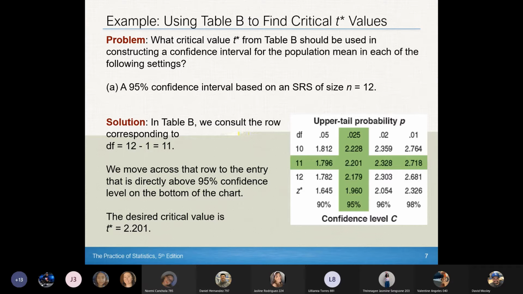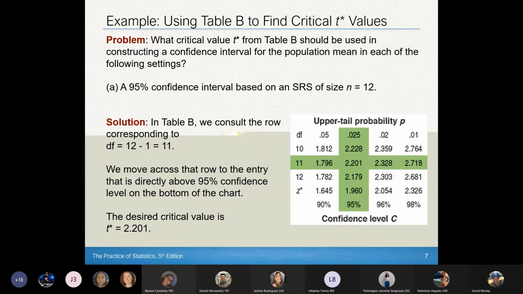The bottom row lists a bunch of confidence levels. It starts at 50% and works its way to 99.9%. This table is part of the forms and tables that you will be provided on the AP exam. When we find the intersection between that row and that column, we get 2.201.